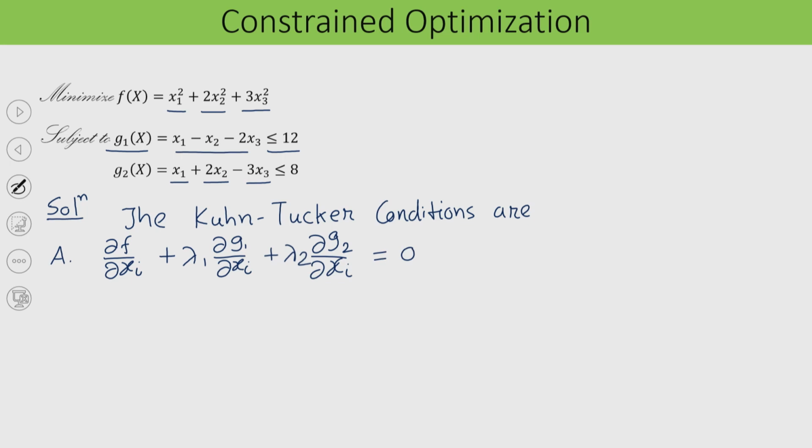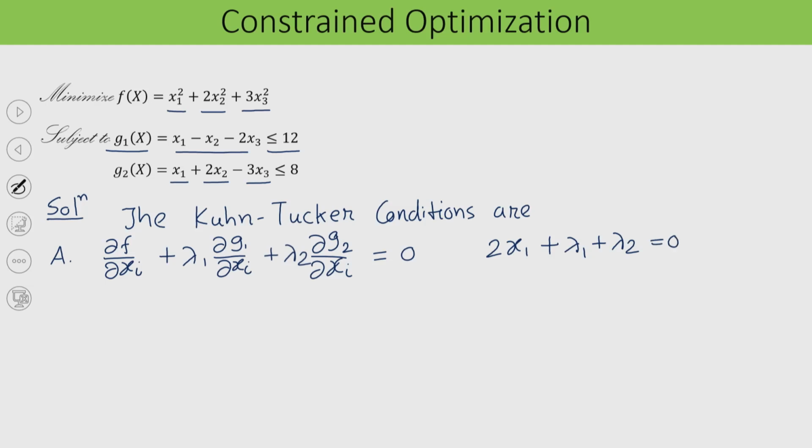If we apply this condition, we get these equations: twice x 1 plus lambda 1 plus lambda 2 equal to 0.